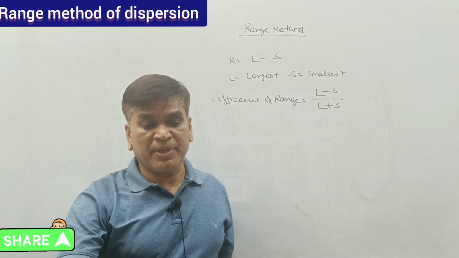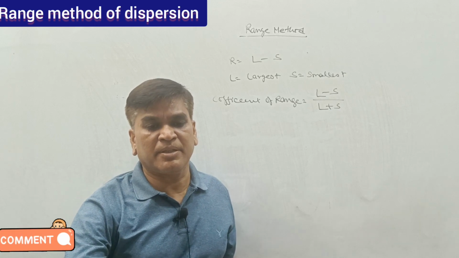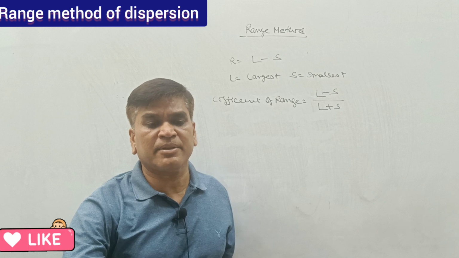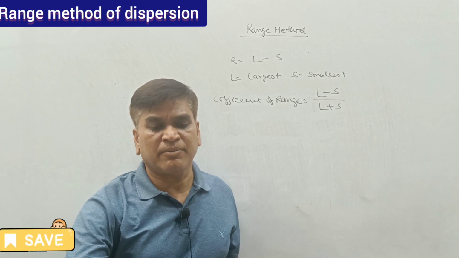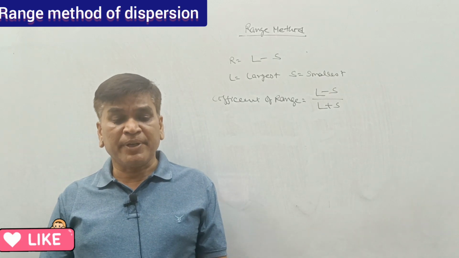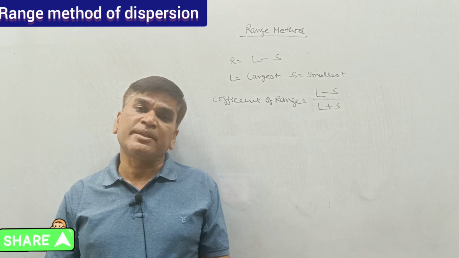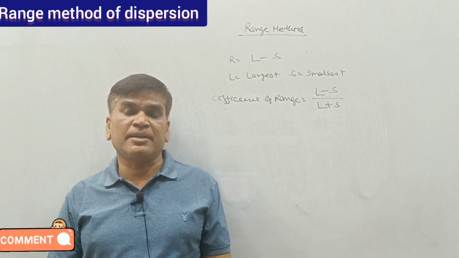Secondly, we have some results in connection with the range. We have to discuss some more things about the range. Range remains unaffected due to the change in origin, but is affected in the same ratio due to the change in scale.